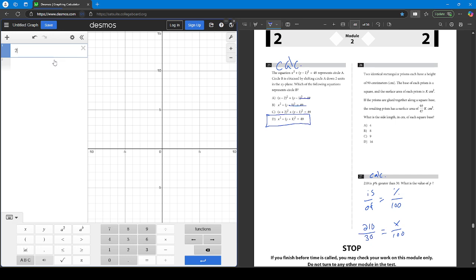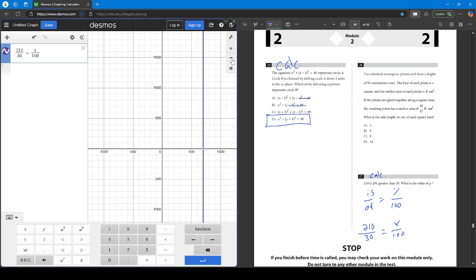So I'm going to say 210 is over of equals our percent, we're calling x, over 100. And I'm going to zoom way out, because 210 is 700% of 30, but how many times bigger than it is it? Well, 30 is already 100% of itself, so it's 100 less.